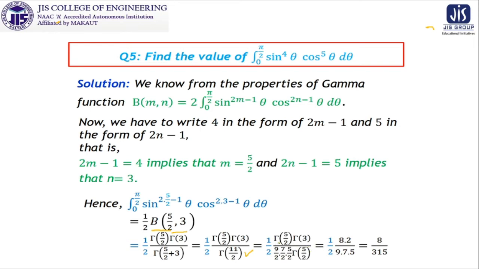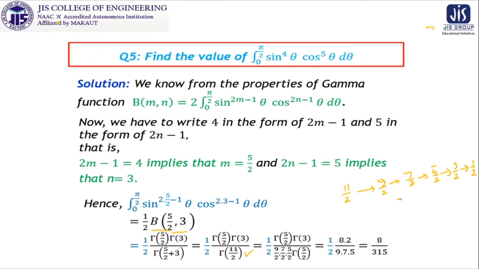This is one technique, but another observation will lead you to a little less calculation. What is that? Gamma 11 by 2, if you observe, 11 by 2 will be going to 9 by 2, then 7 by 2, then 5 by 2, 3 by 2, half, and then it will close down.